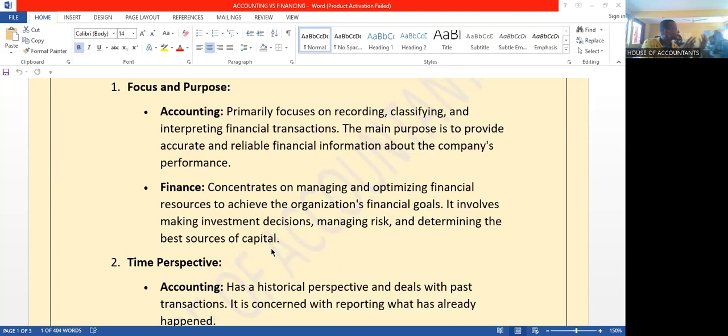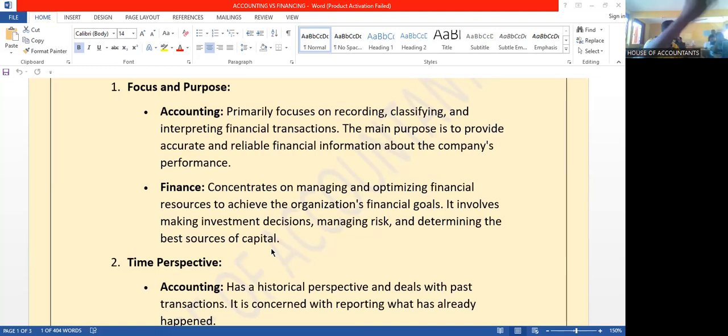How is our performance? How have we been able to generate this and the like? While the financing aspect is looking at the future. Like you are forecasting. If we have been working for 2 years, we started this company in 2020, 2021, 2022, this is 2023. How will our future look in the next 3 years? That's where financing starts from.